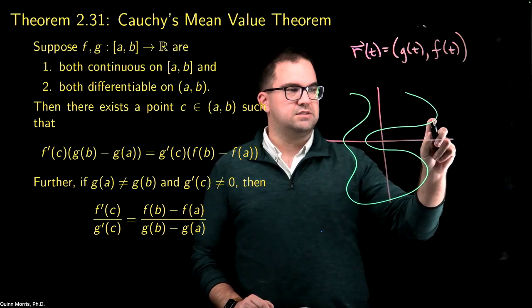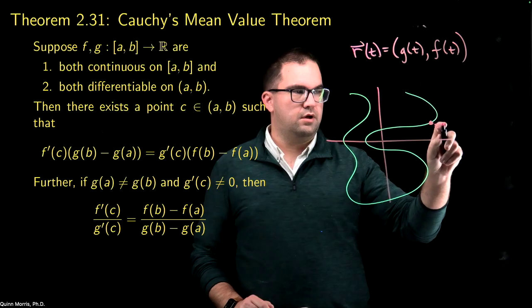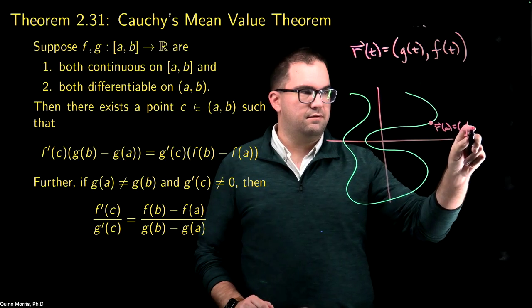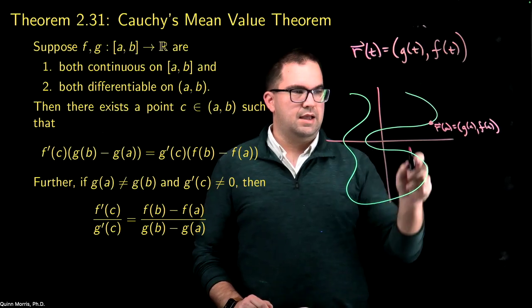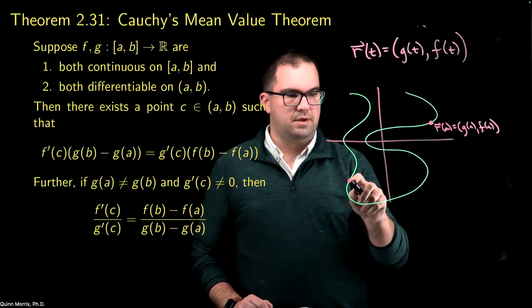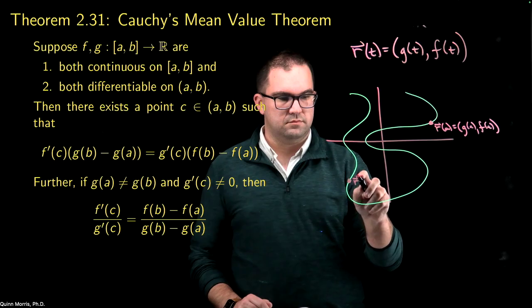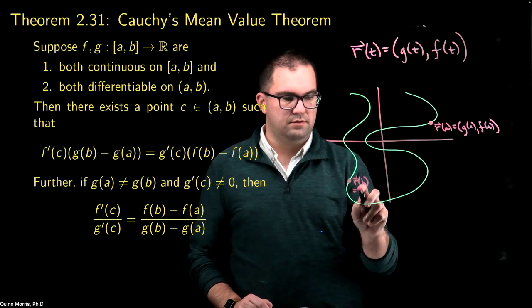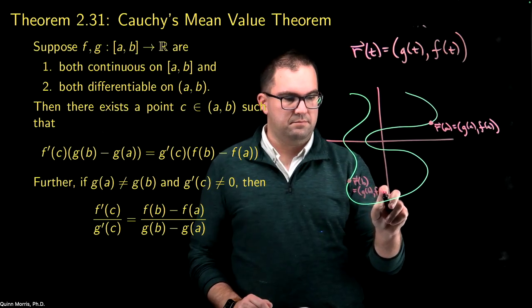At some value a, here is r of a, which is the point g of a, f of a. And over here at some other point, this is r of b, which is the point g of b, f of b.